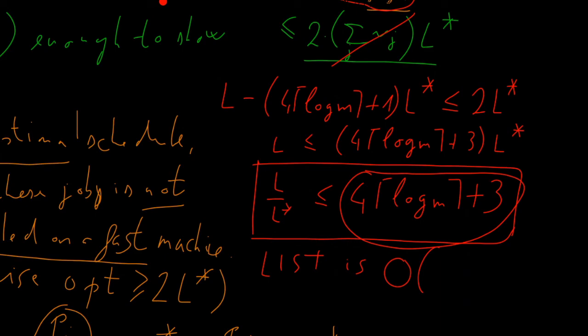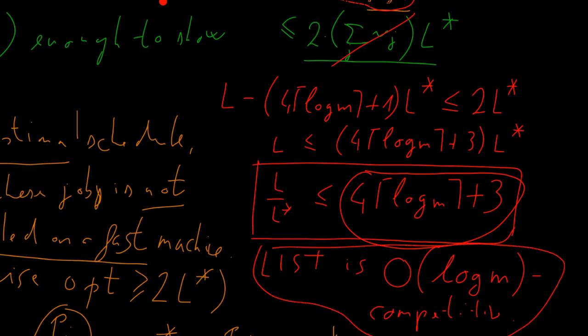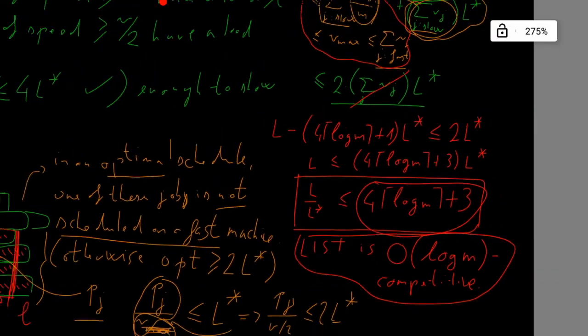It basically says that the leading term of the complexity of this function is some constant times log m. Is it log m competitive? We have just proved that for any input sequence, the list algorithm will produce a log m competitive output.